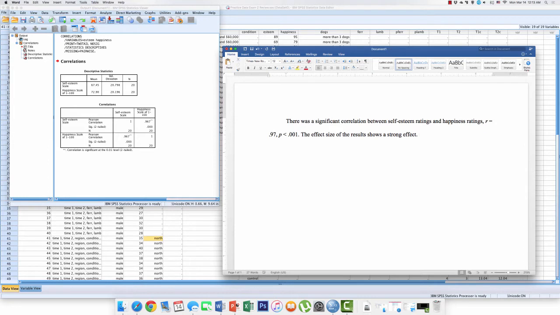We see that the mean for self-esteem is about 67, and for happiness it's close to 73. So we're going to say that the average rating for self-esteem among the participants was, or actually let's do this.